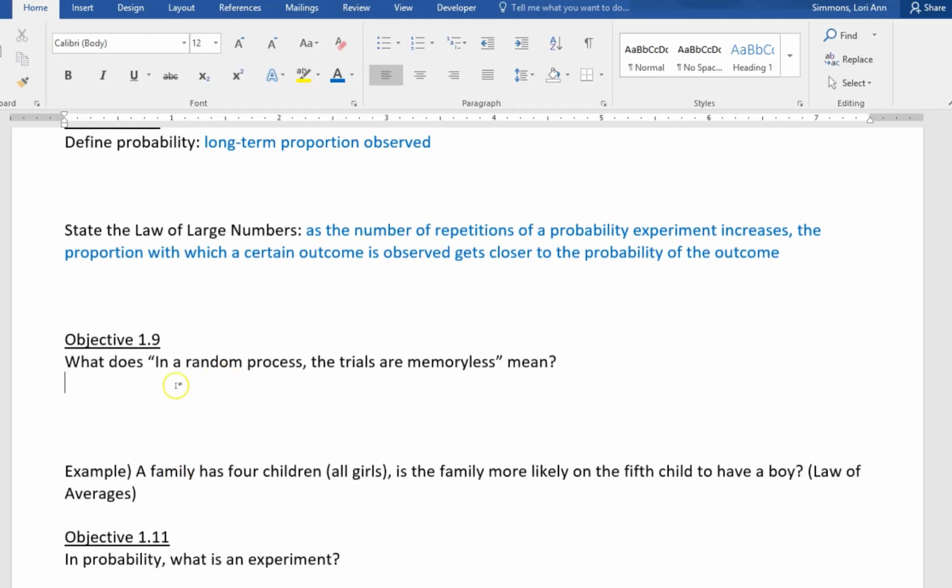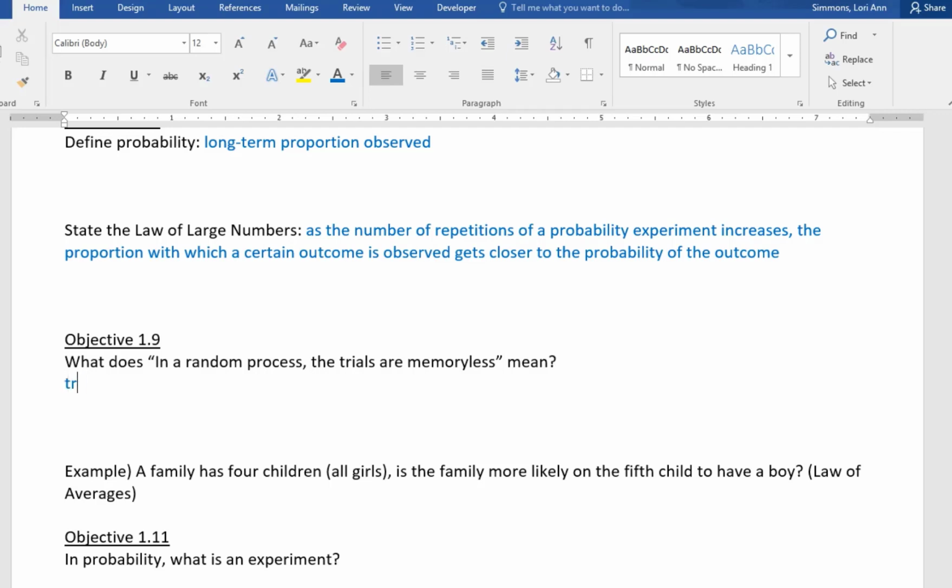So what does it mean that in a random process, the trials are memoryless? So think of flipping a coin. You flip 5 heads in a row. What is your chance of getting a head on the 6th flip? It is still 50%, right? Because the trials are memoryless.